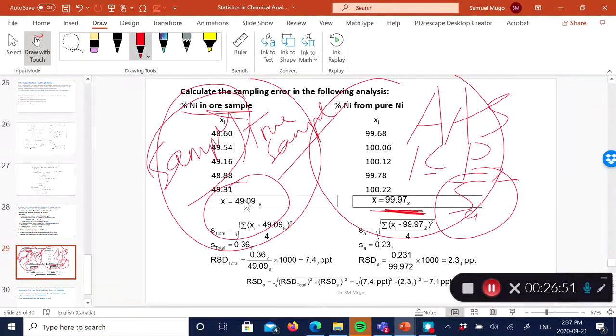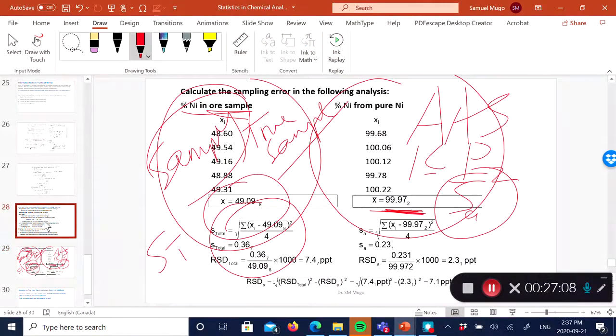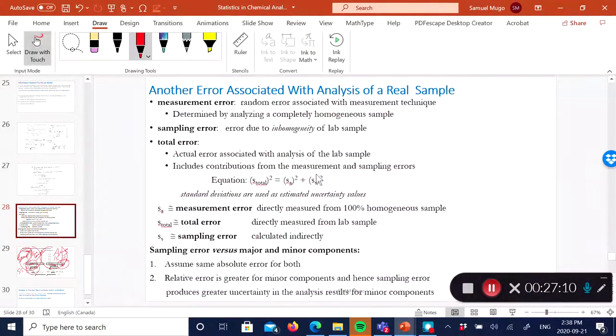So this measurement is giving you the measurement error, but it's also giving you the sampling error. And so this one becomes the total error. So this number here is a total error, okay? And so based on that, you can actually calculate what the sampling error is.